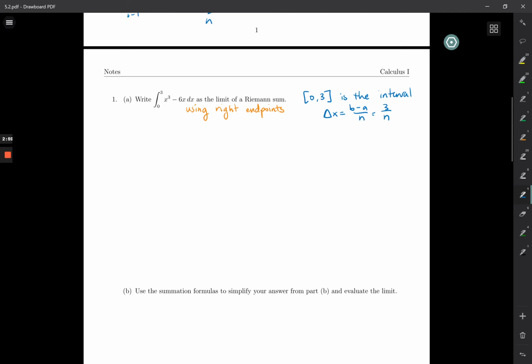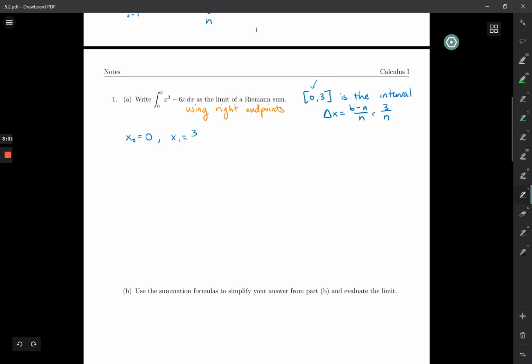So notice that if we start off with just figuring out what the endpoints of our intervals should look like, x0 starts with 0, because that's the first point, or the left endpoint of our interval. And then x1 is going to be 0 plus 1 jump, so 1 copy of delta x, right?